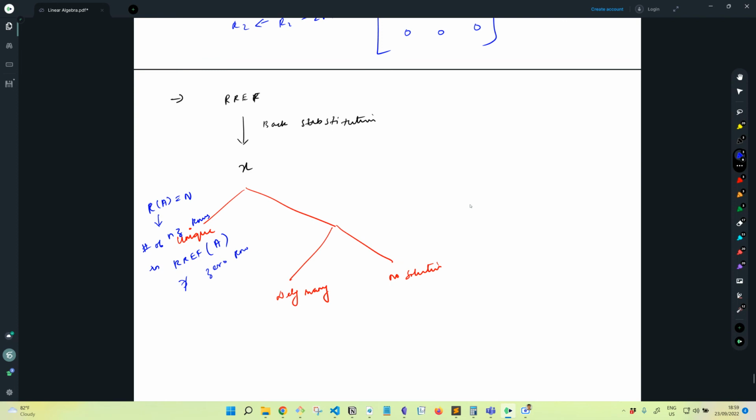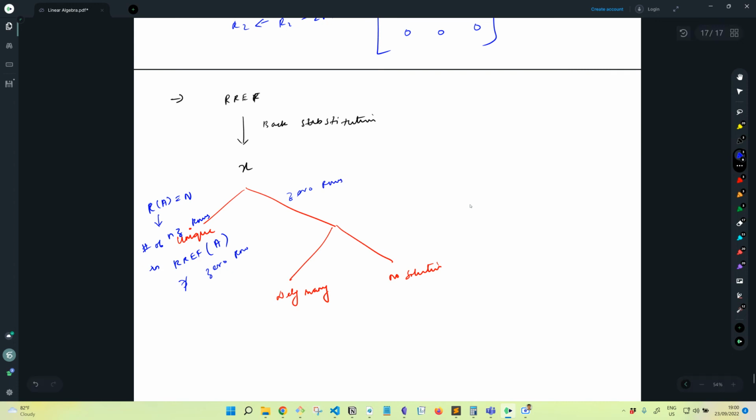Let me repeat. This system of linear equations admits a unique solution when in the row reduced echelon form of A there exists no row that is all zeros. That is when you will claim that x has a unique solution.